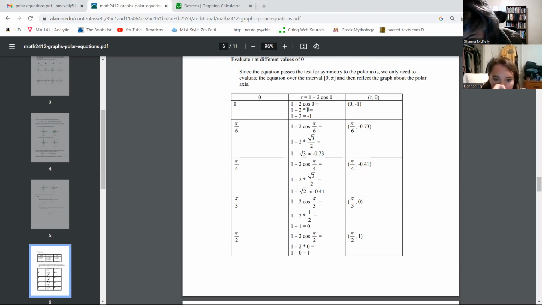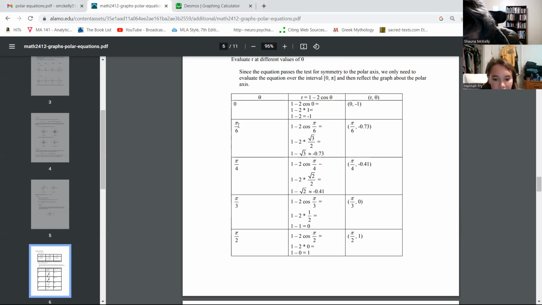Okay, cosine of 0 is, now here she did all the arithmetic for you. That's why I wanted you to see this. You can do this with a calculator, but I wanted you to see this because she actually does the arithmetic, so you can see where these are coming from. Cosine of 0 is 1. So 2 times 1, 1 minus 2, negative 1. So (0, negative 1). Okay.